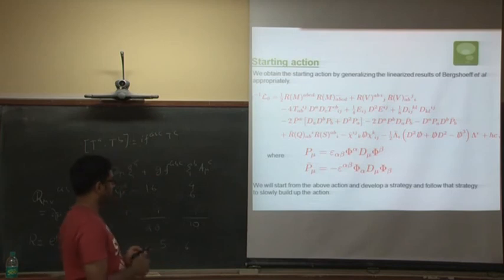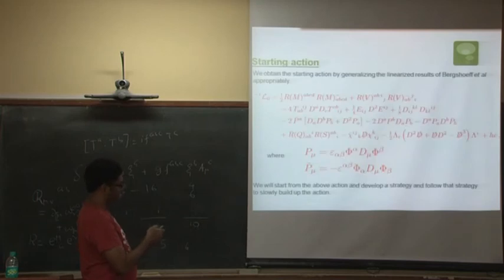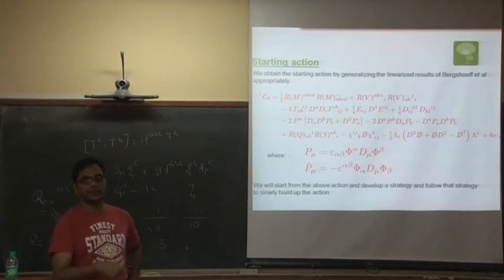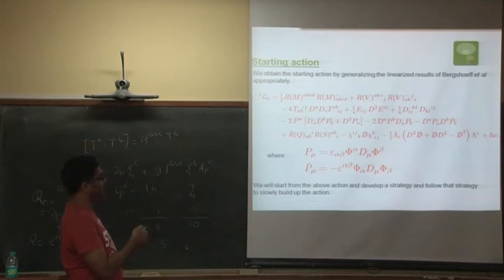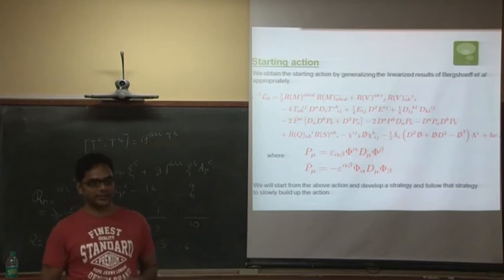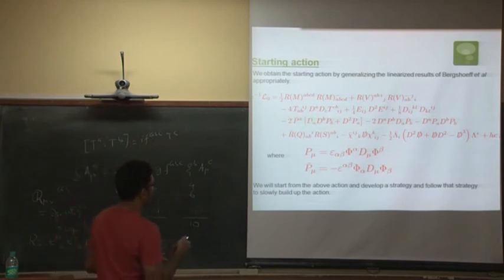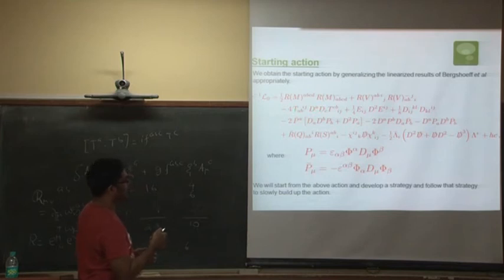Okay, so the linearized action was okay, but they couldn't take it to a non-linear level. So what we did is the following. We took the linearized action and made some modification, in the sense that we uplifted all the partial derivatives to fully covariant derivatives, and we put the covariant derivatives in such a way that the terms themselves were invariant under special conformal transformation. We could choose to put a derivative here, like write it as dA dA Bij, dC dC Dij.